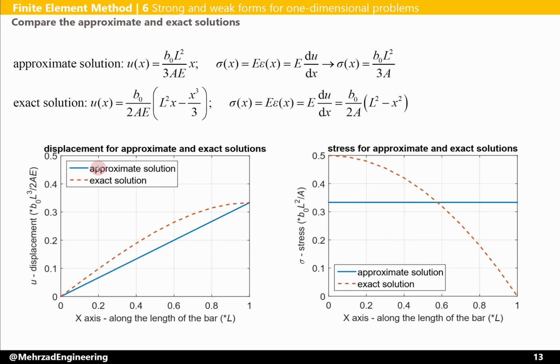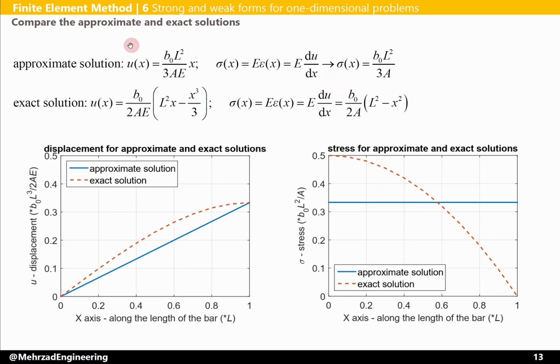Now I want to compare the approximate and exact solutions for displacement and normal stress. This is the function for displacement we have found for the approximate solution by the finite element method. For finding normal stress, we need to use Hooke's law, which is sigma equal to E epsilon, and instead of epsilon, we could use the definition of epsilon, which is the first derivative of u.